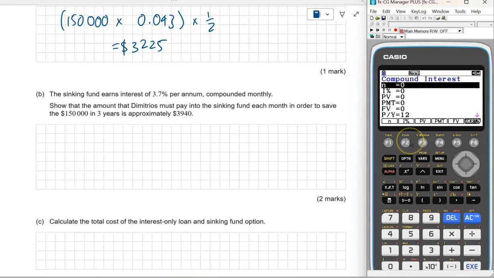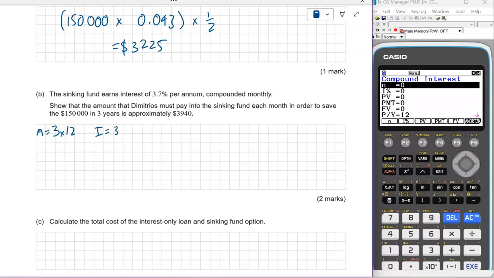We're looking at compound interest, and these are the values we need to show in terms of our working out. So N is 3 years times 12 because he's making those payments monthly. The interest rate is 3.7%. The present value, we're assuming he starts with zero money in that sinking fund and he builds it up to $150,000.